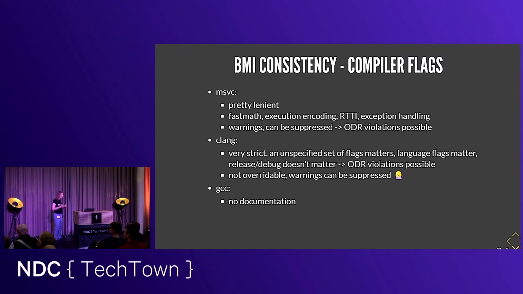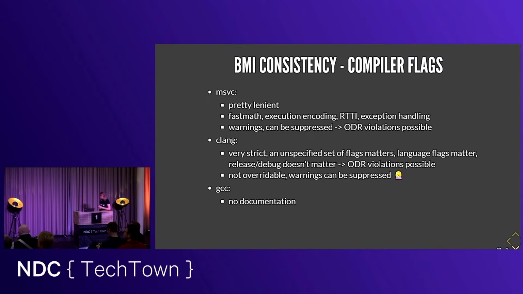An important thing, I've been alluding to it, is the thing called BMI consistency. If you compile an interface with a set of compiler flags and possibly macros, these flags and macros may change the ABI of your interface.